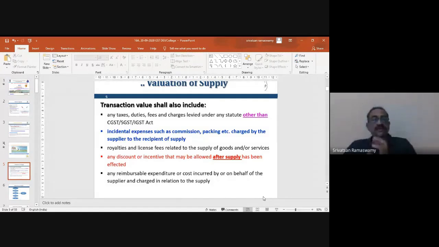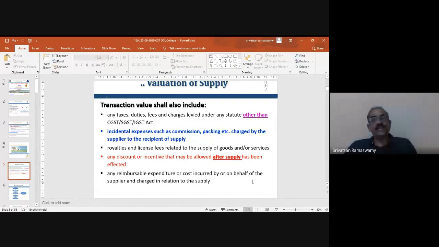This is very, very important, because this is one point where there could be a lot of disputes as far as GST is concerned, and a lot of clients probably might approach you to have a redressal for this. The concept here is very clear. You, as a supplier, have to decide whether you are going to give a discount or not.